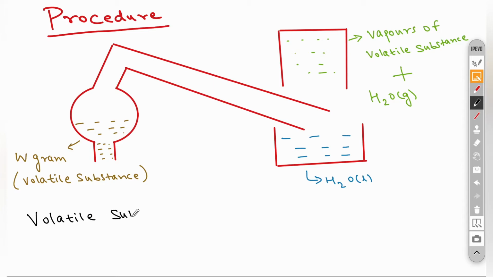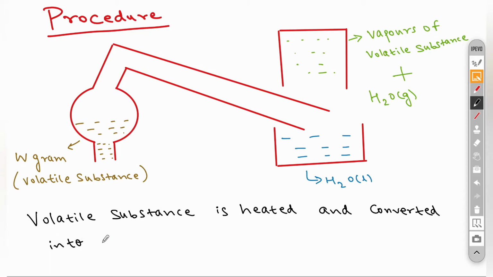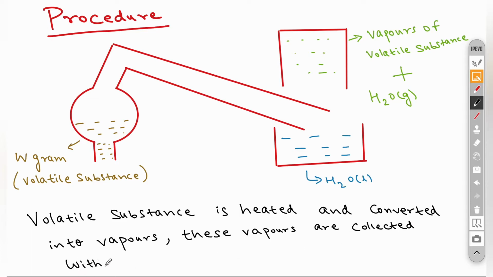So for the procedure we will write: the volatile substance is heated and converted into vapors. These vapors are collected with the help of the Victor-Meyer tube.